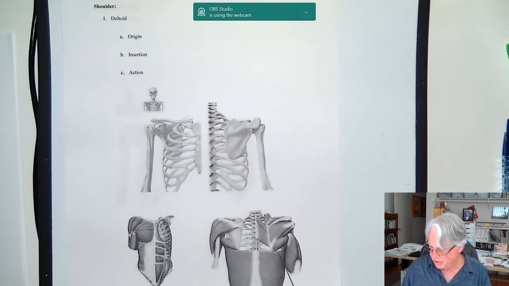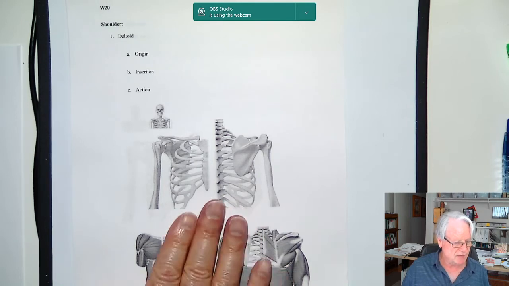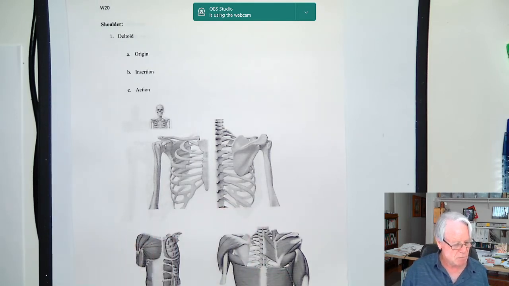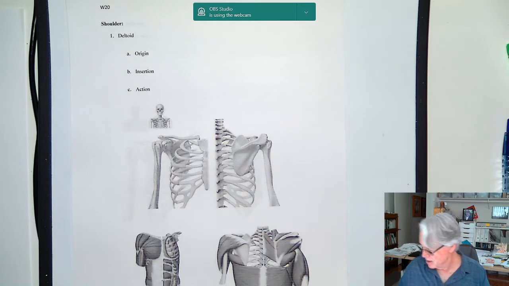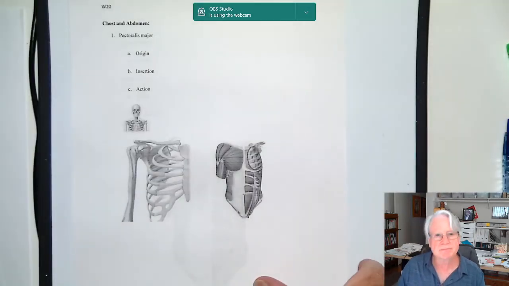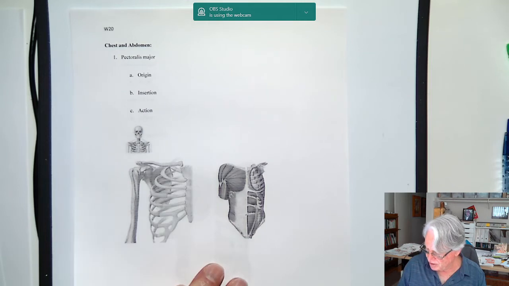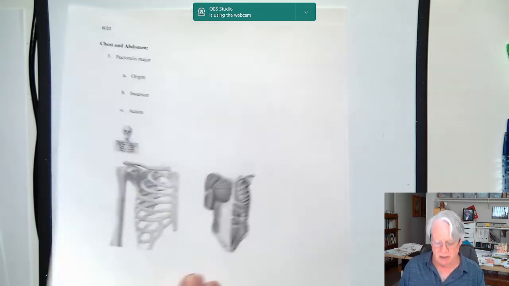The next muscle that we want to look at is not going to be the deltoid muscle. We're going to save that for the second, or the third, presentation. So let's skip the deltoid and the next one, which is the pectoralis major muscle. We'll skip these two. We're going to come back to them, but I want to do them at the same time we do the back muscles.